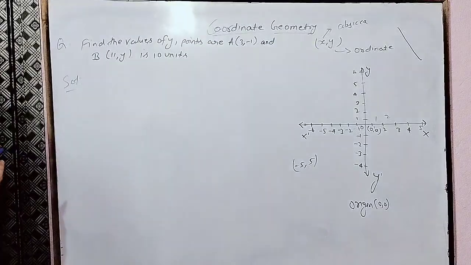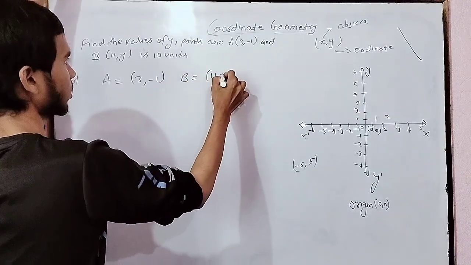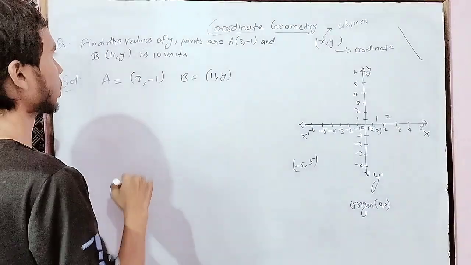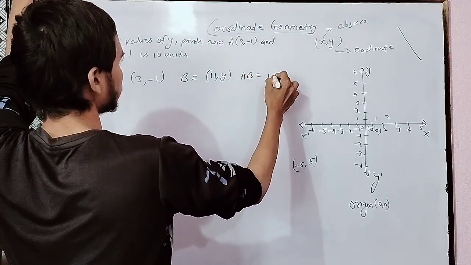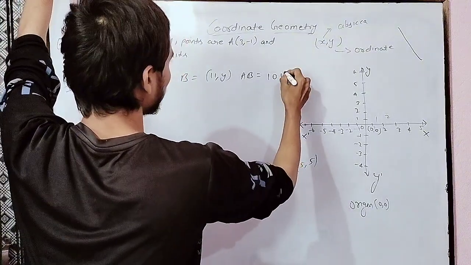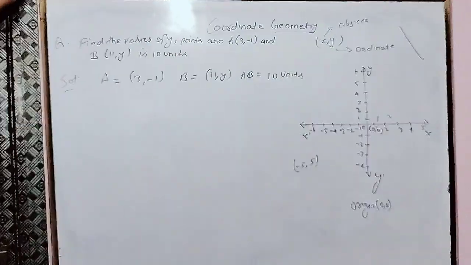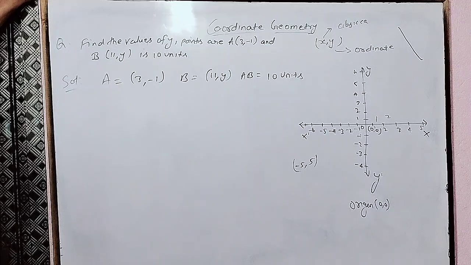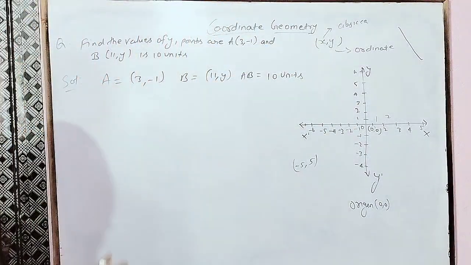So we will just substitute whatever is given. You can write, for example, this is given, this is given, comma y, and the units. So you can say distance AB is equal to how much? 10 units. Just substitute, then you will get the value of y. Okay. We will have a quadratic equation.